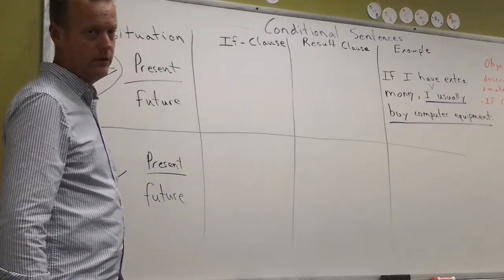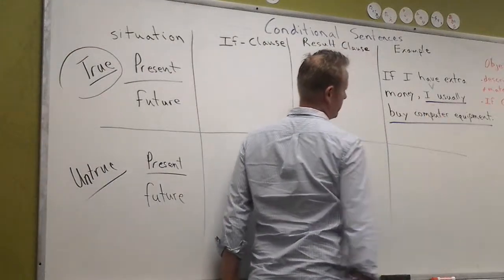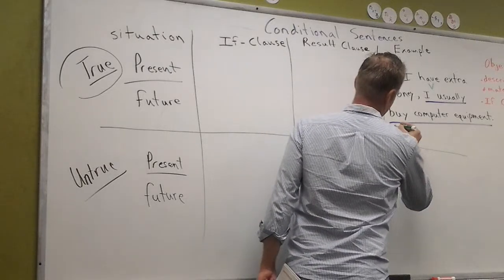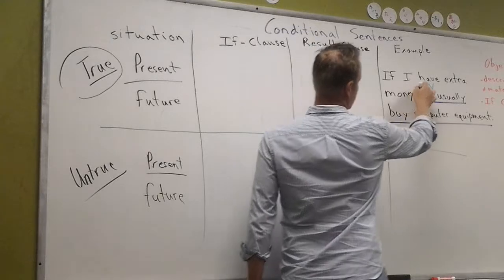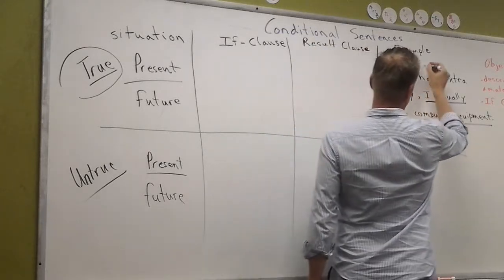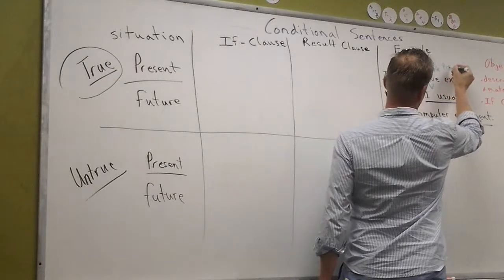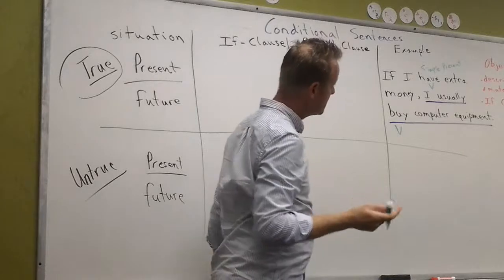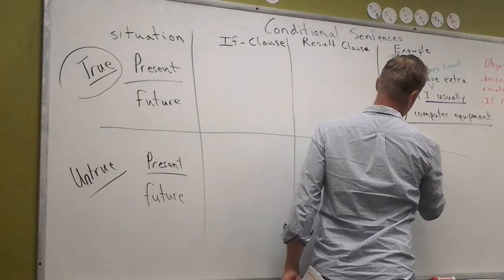So is that the only verb? Yeah. And then down here in the result clause, where's the verb? Buy. Good. Now, what verb tense is have? Simple present. Good. And how about down here? The same thing. It's simple present.